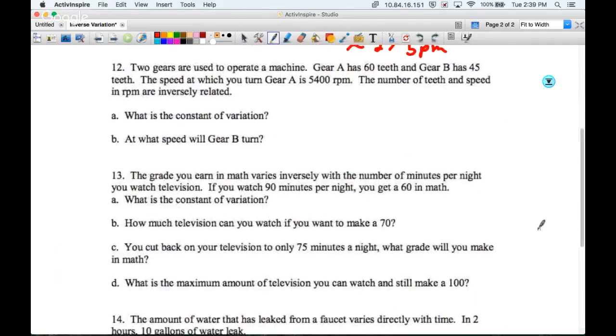Number 12, two gears used to operate a machine. Gear A has 60 teeth and gear B has 45 teeth. The speed at which you turn gear A is 5,400 revolutions per minute. The number of teeth and speed are inversely related.